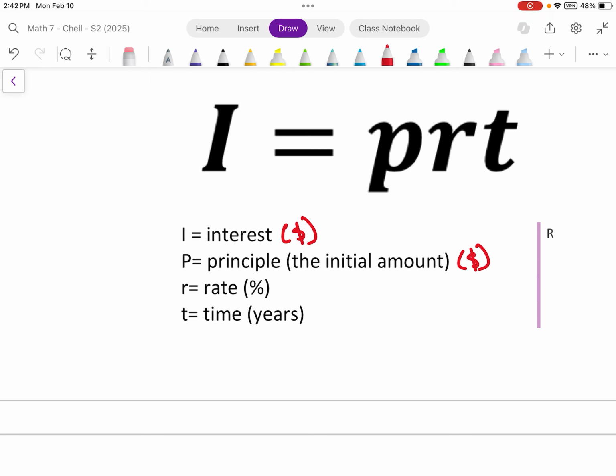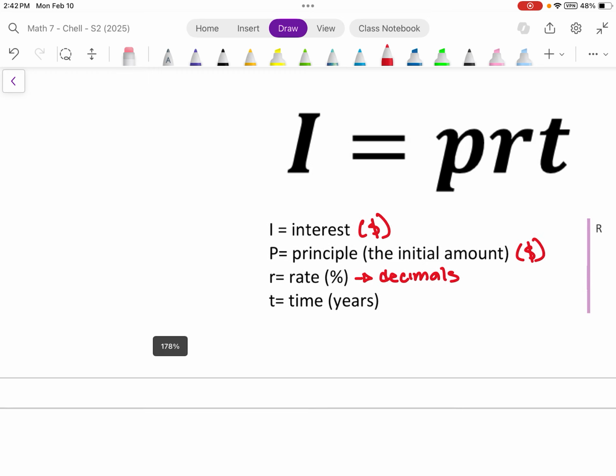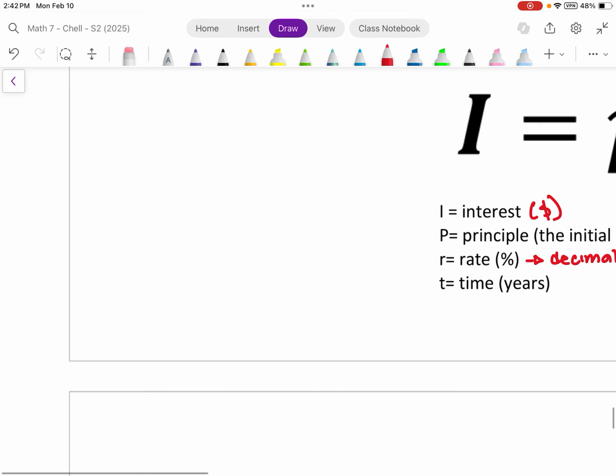For the rate, we would always want to convert it to decimals. Okay, and just let's do a quick reminder. When you do a percentage to a decimal, we convert by jumping that decimal 2 spaces to the left.